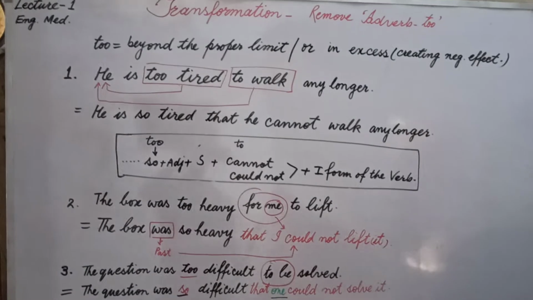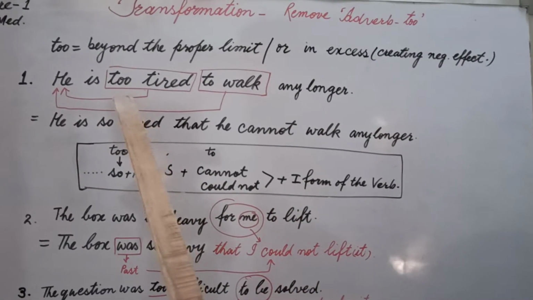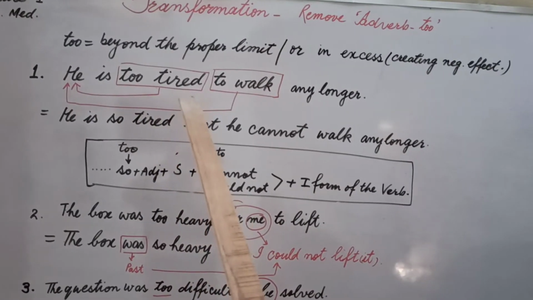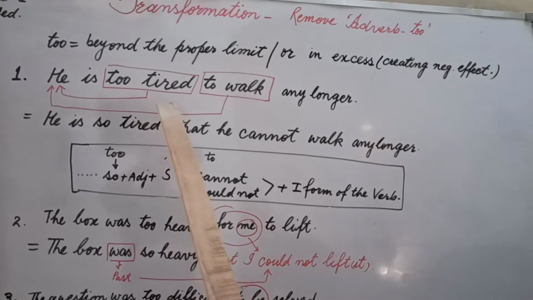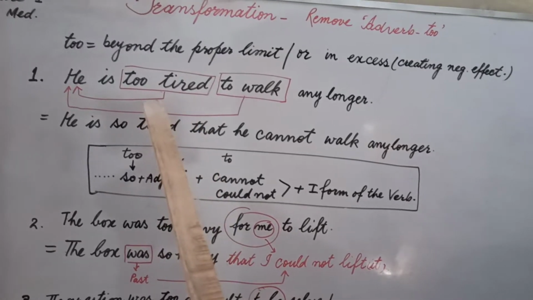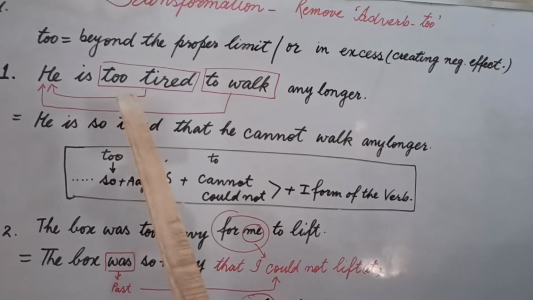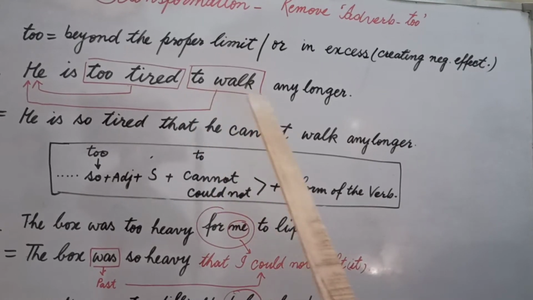He is too tired to walk any longer. You see adverb "too". This is an adverb because it is placed before an adjective, tired. A word that says something about an adjective is called an adverb. Now in this sentence it is adverb "too", and generally you see adverb "too" with infinitive "to", walk any longer.